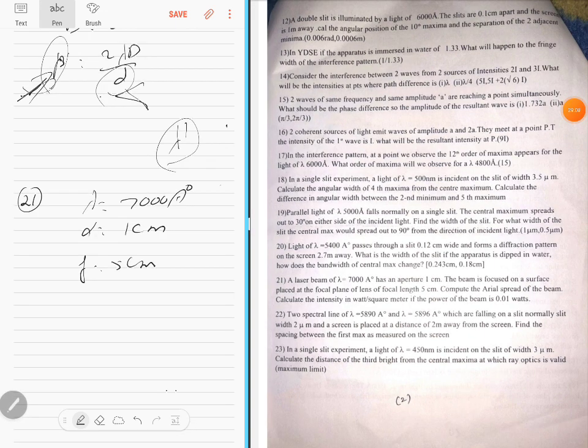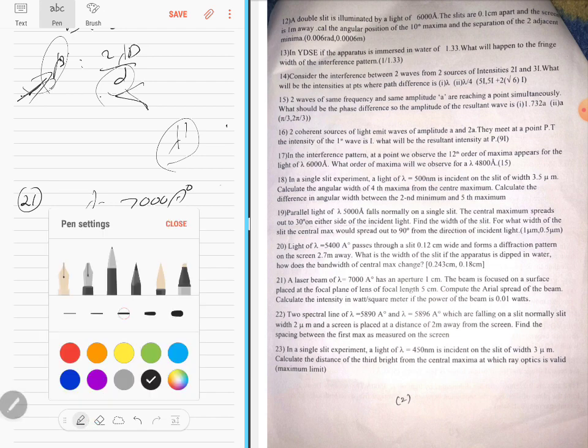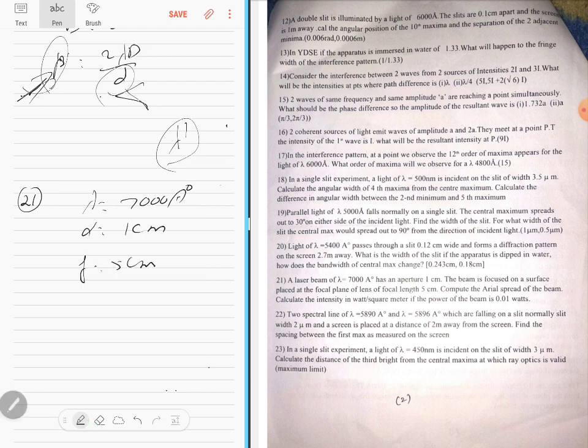The fact that it says it has got aperture 1 centimeter, I think it's only diffraction. And the beam is focused on a surface placed at the focal plane, focal length is 5 centimeter.